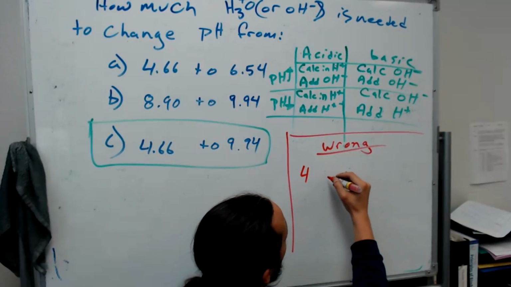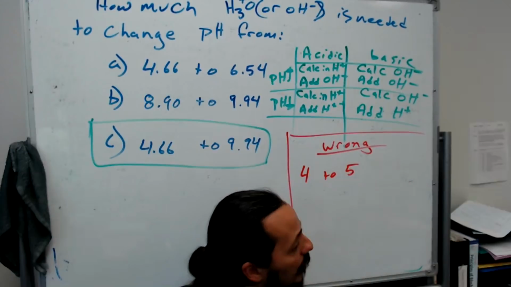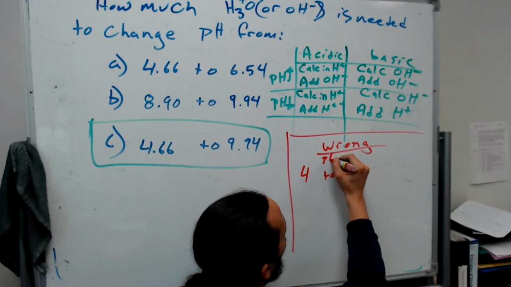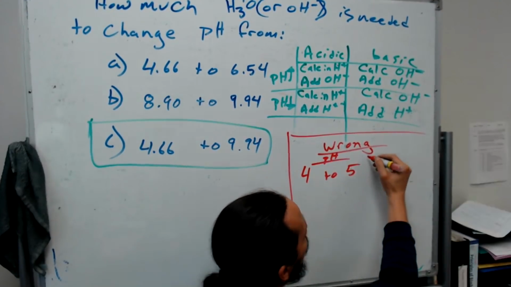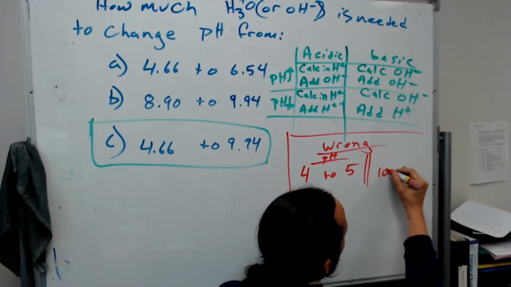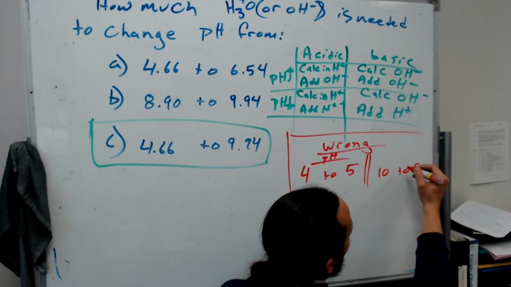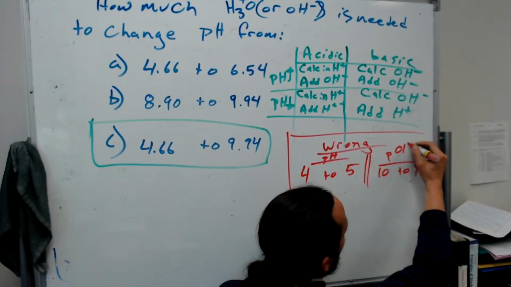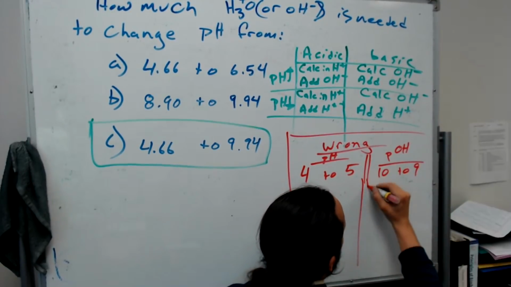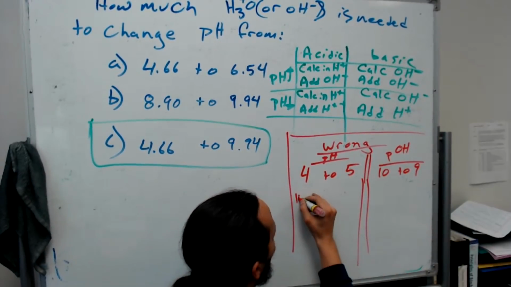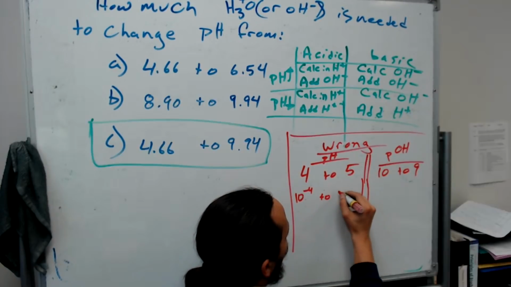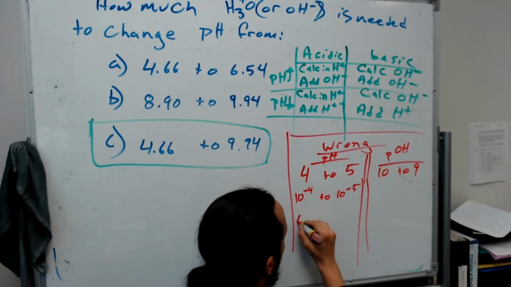If I have a pH of 4 to a pH of 5, my pH is going up. If I converted this to pOH, it would be a pOH of 10 to a pOH of 9. If I calculated my 4 to 5, this is 10 to the minus 4 to 10 to the minus 5.